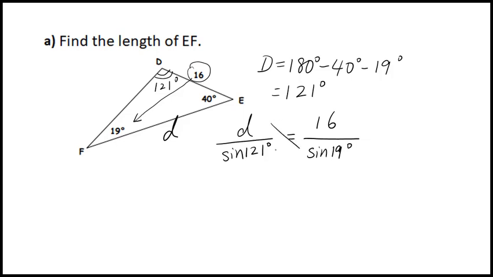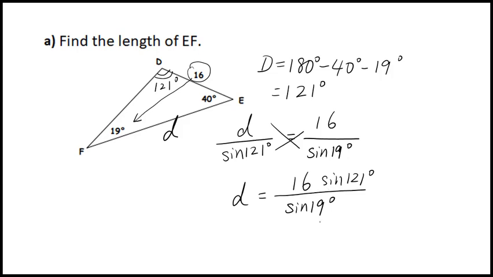Then we cross multiply. d equals, the same line with this variable d will go to the denominator. So we have sin 19 degrees. Top will be 16 times sin 121 degrees.